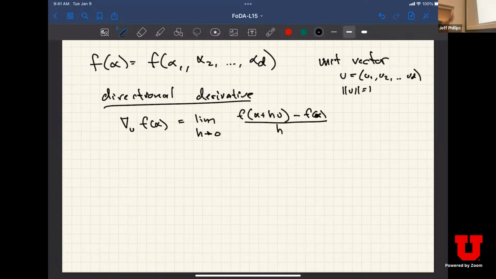You've probably seen a form like this in a calculus class before. In the one-dimensional case, a regular derivative, you just thought of alpha as a scalar value and h was a scalar. I didn't need the u, but now I need to pick a direction.